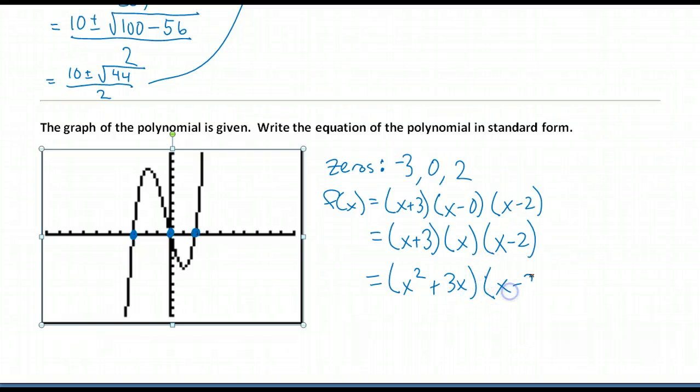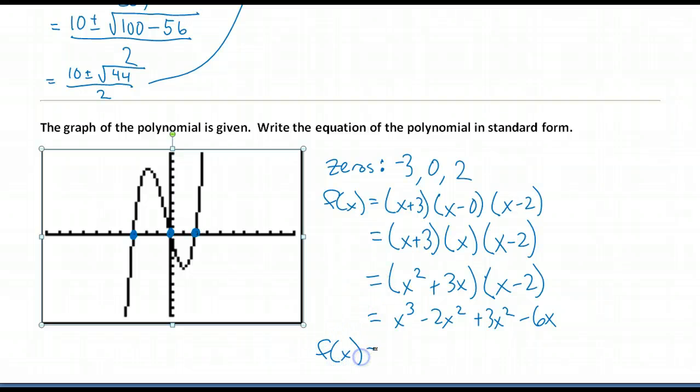And I need to take that answer times x minus 2. x squared times x is x cubed minus 2x squared plus 3x squared minus 6x. Finally, simplify my like terms.